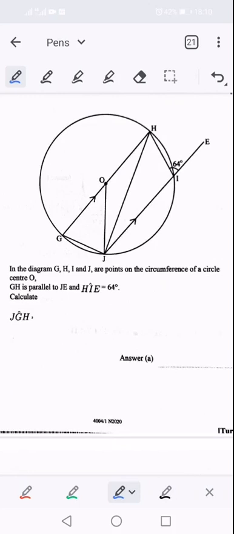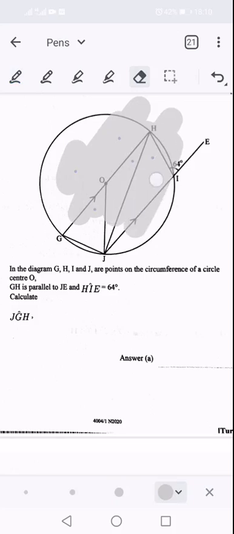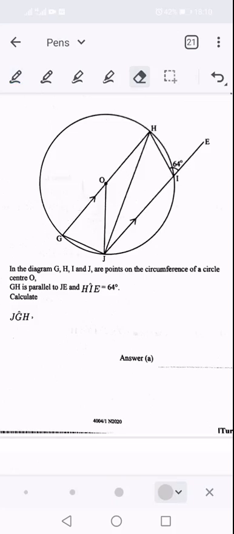Read this statement, then fill in the gaps. Find the value of each and every angle, even those angles that are not asked. Don't try to understand the questions before you fill in the gaps inside the circle, because this is circle geometry.